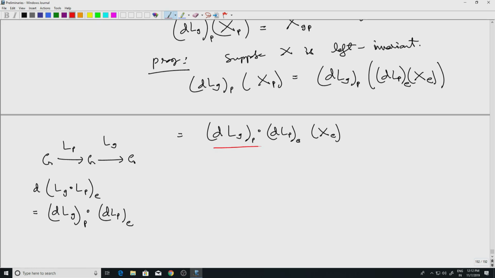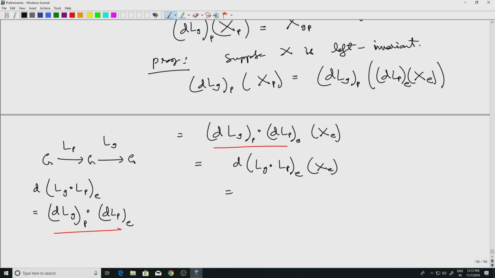So what I have here and what I have here are the same. So I can just write this as DLG composed with LP at identity acting on XE.